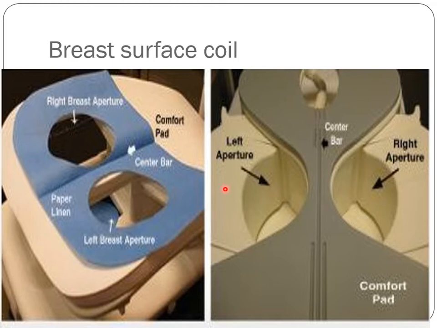I'd like to tell you that the breast surface coils are used for increasing the signal to noise ratio, and every surface coil is composed of a number of channels, starting from 4 in number, and the most modern ones are composed of 16 channels or even more. The advantage of these channels is to further increase the signal to noise ratio and also the spatial resolution of the image.